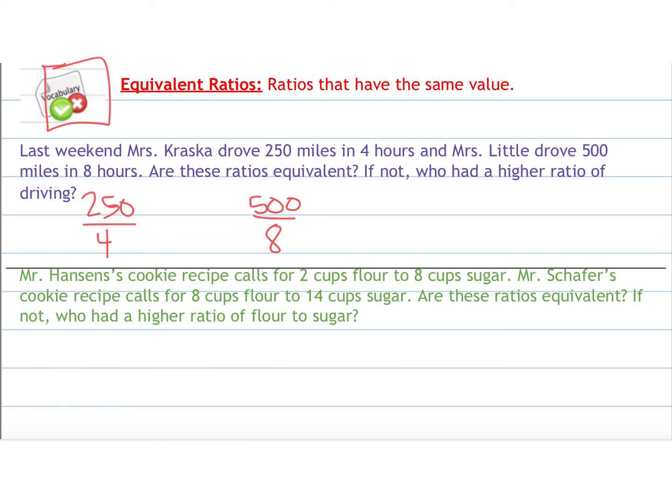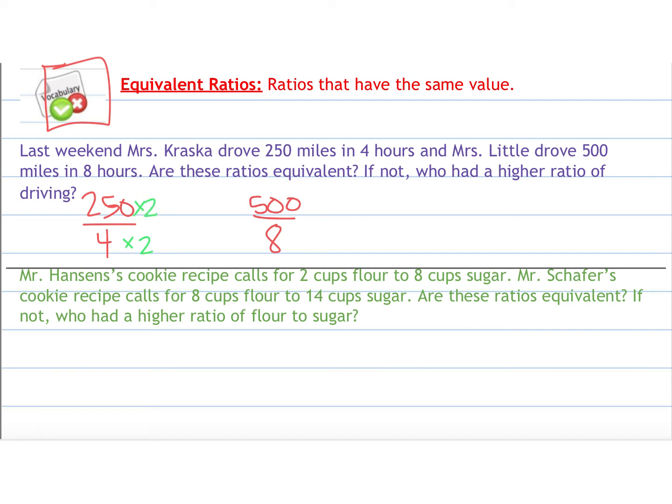Couple ways that we can do this. We could get them both to be simplest form. We could find common denominators for them. And then when we have them either in simplest form, we can determine there if they're equivalent, or we can find that common denominator. And then if we have the same numerator, then they would be equivalent. So I'm going to do that method because I know that 4 times 2 is 8.